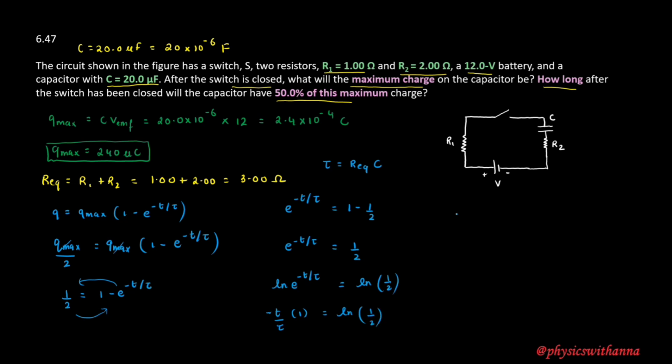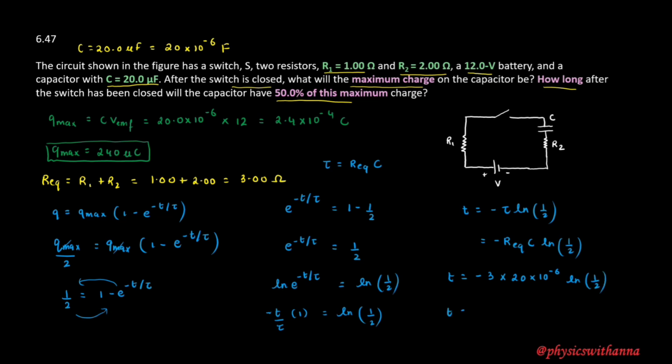Then I can find t by multiplying on both sides with negative tau. So we get t equals negative tau ln half. Negative tau is nothing but minus R times C, ln half. Now let's substitute. t will be equal to R equivalent, which is 3 ohm, C is 20 microfarad, so 20 times 10 to the power negative 6, ln of half.